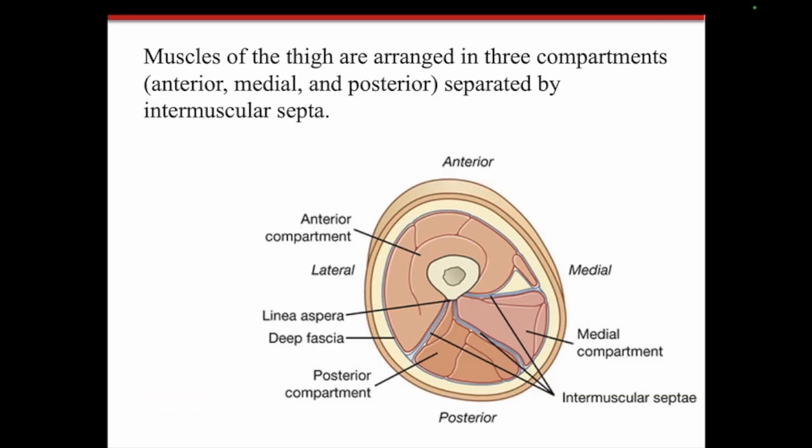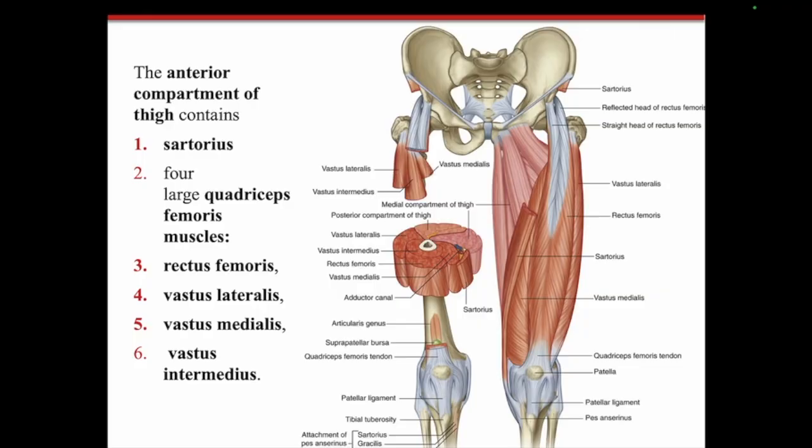In the thigh, we're going to have muscles of the anterior and the posterior compartment, but we also have a medial compartment of the thigh. The anterior compartment is extensor, so if you go by mnemonics, this is the opposite of the upper limb, but you have to think about extensors of what?